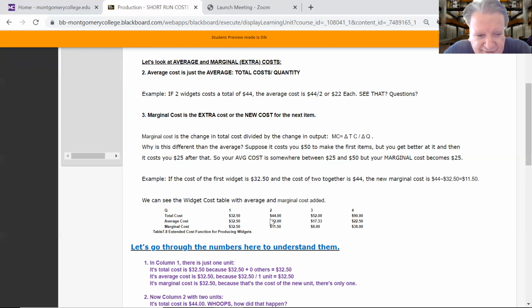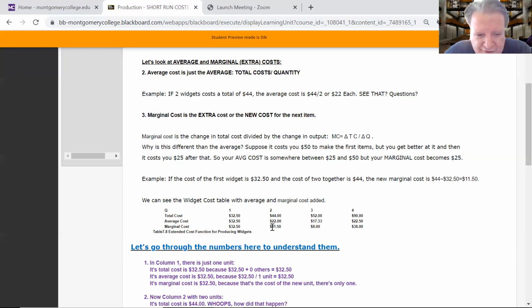In this case, your marginal cost goes from $32.50 to $11.50. So you see that your average is going to drop to the number right in the middle. Let's add these 2 numbers. It's 44 divided by 2. And you're going to end up with $22 as your new average cost.